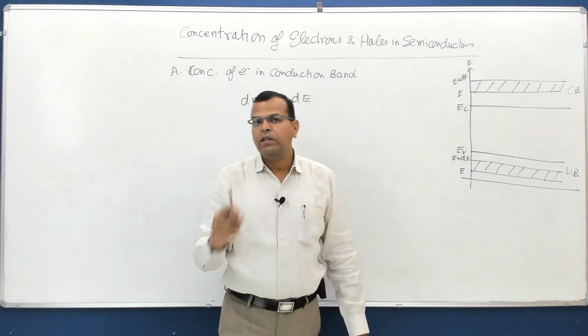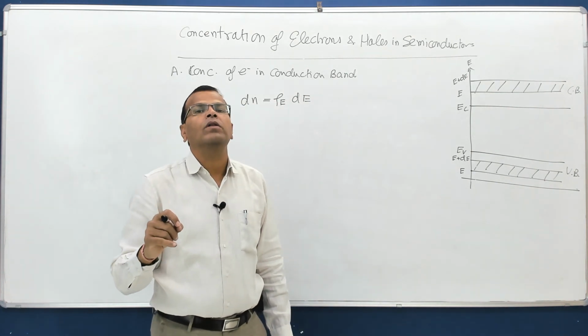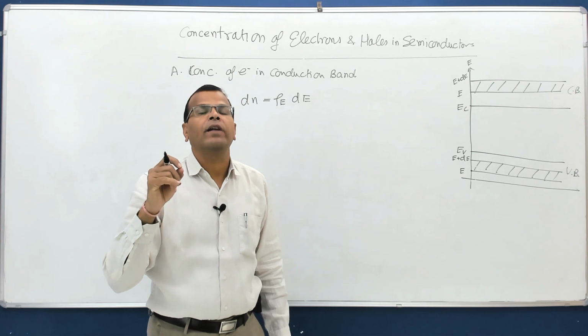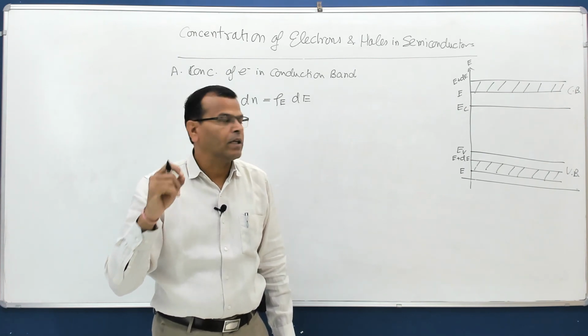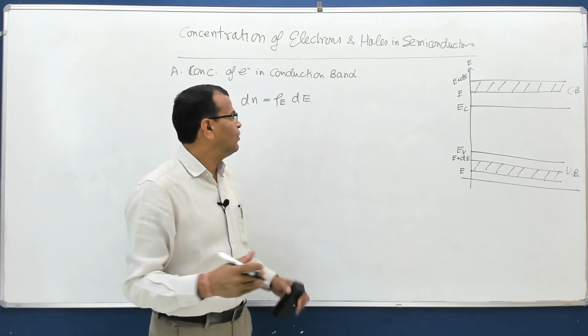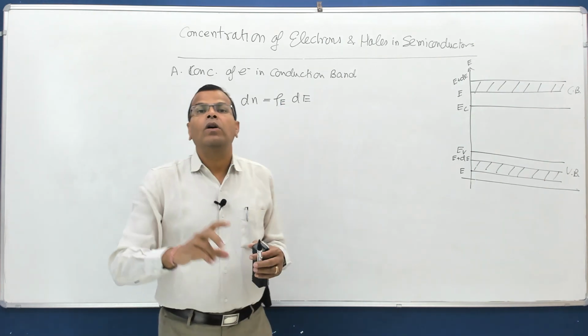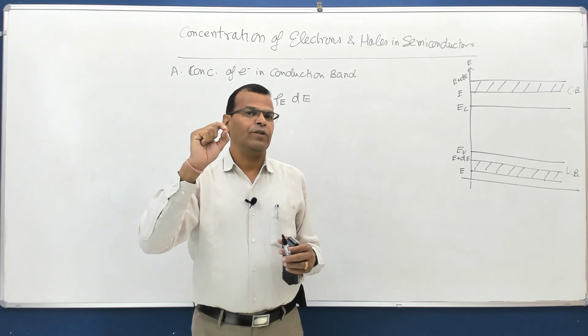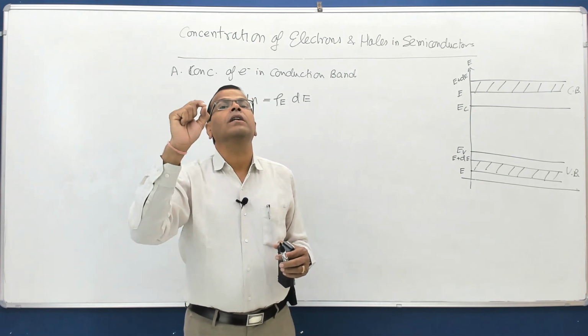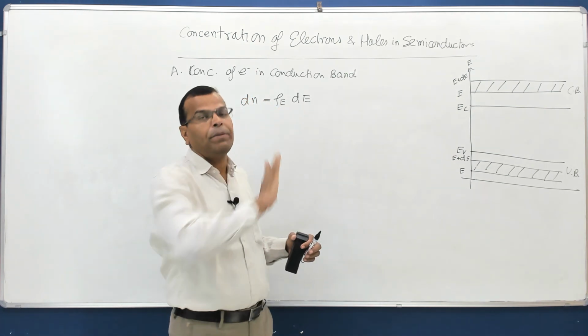I hope you have seen the previous video on Fermi level and density of states in case of metals. Just to recall, this rho E is called the effective density of energy states in the conduction band in case of semiconductors.